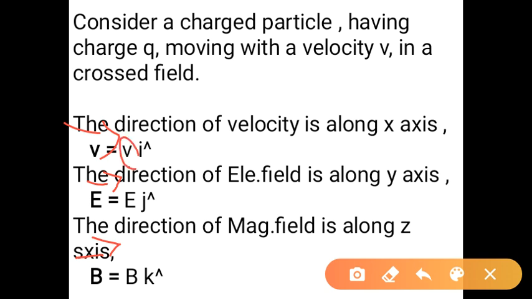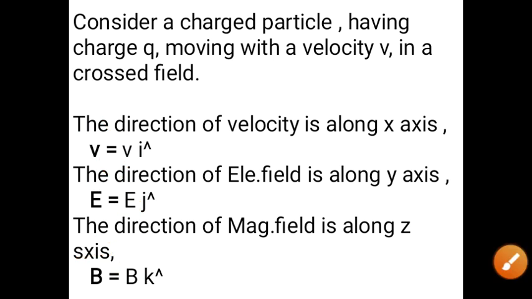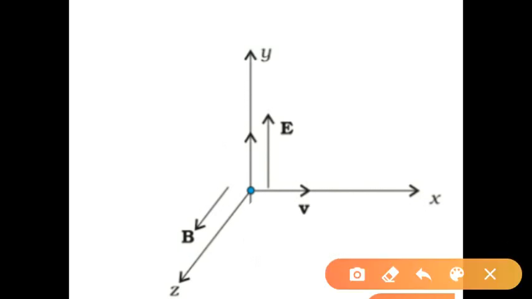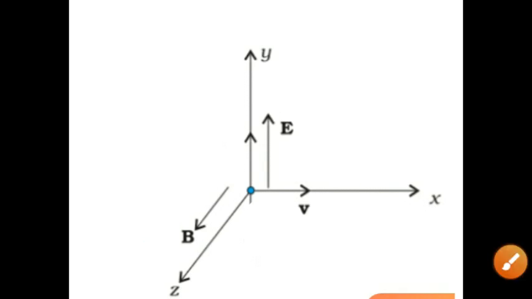Here this v, E and B are all magnitudes only, and the unit vectors give the directions. The directions are represented diagrammatically. You can see velocity along x-axis, electric field along y-axis and magnetic field along z-axis.